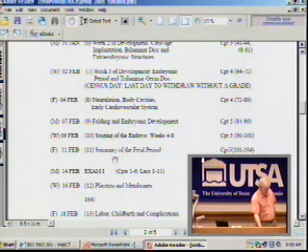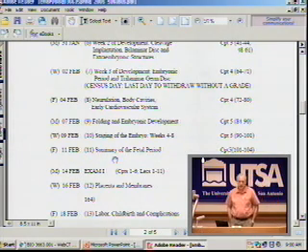So we'll proceed along those lines, and then in the other parts of the semester, after looking at the placenta and labor and delivery, we'll begin to look at each organ system, how it develops.